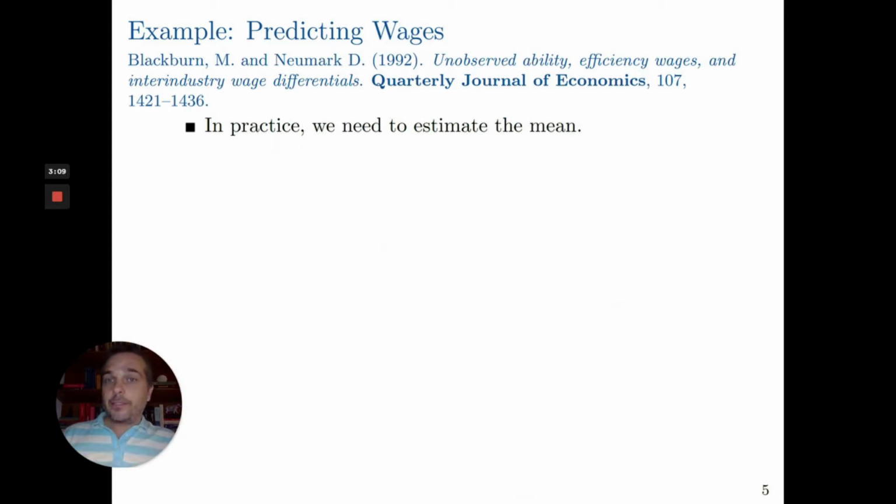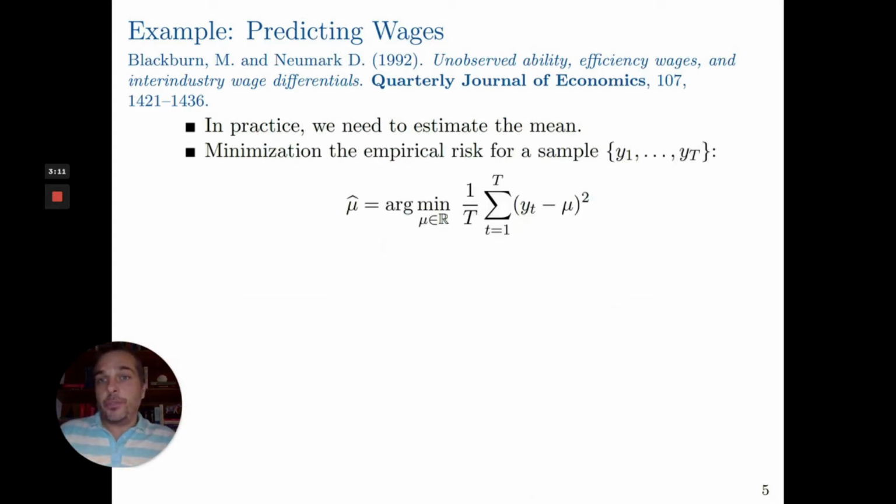So in practice, we need to estimate the mean. How do we do it? Instead of looking at the risk, we look at the empirical risk for a sample of T observations. So we have T observations, and we want to minimize the empirical counterpart of the theoretical risk that I defined in the previous slide.